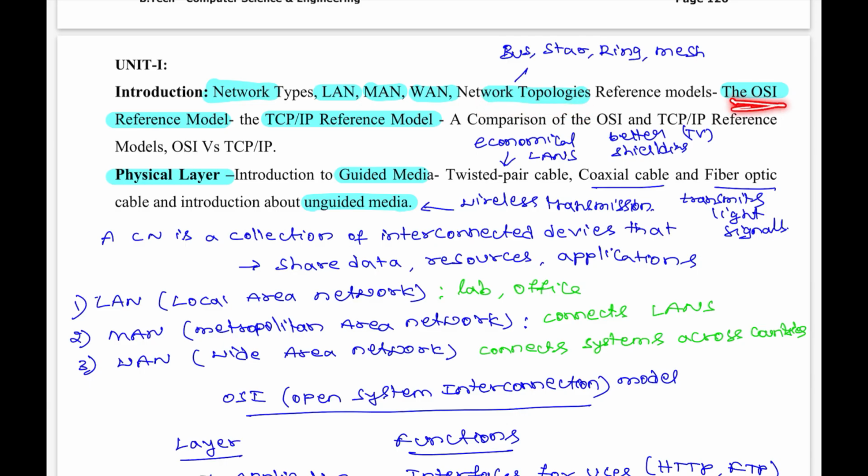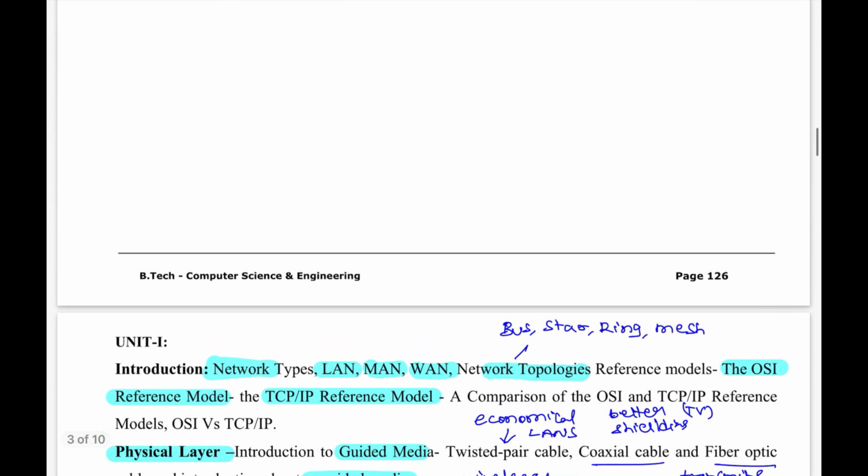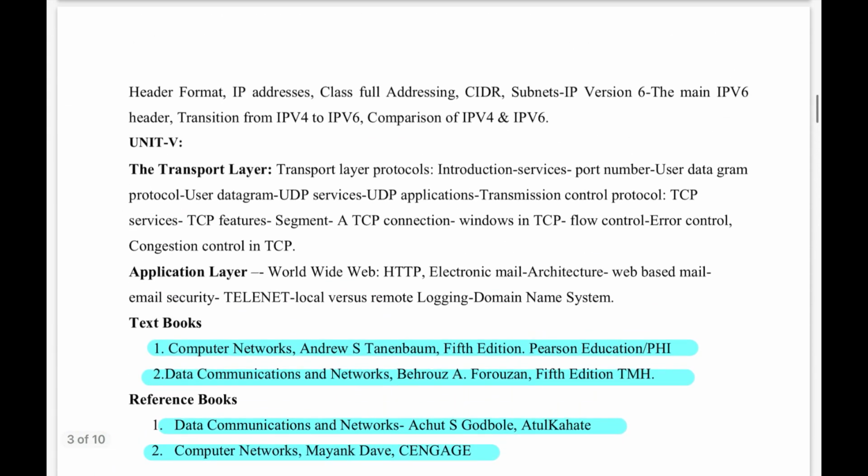And the reference models, the OSI reference model and the TCP/IP reference model. At last, we are going to study the first layer in the OSI model, that is the physical layer. In this, we are going to understand what exactly guided media and unguided media are. So that is unit 1 in computer networks.